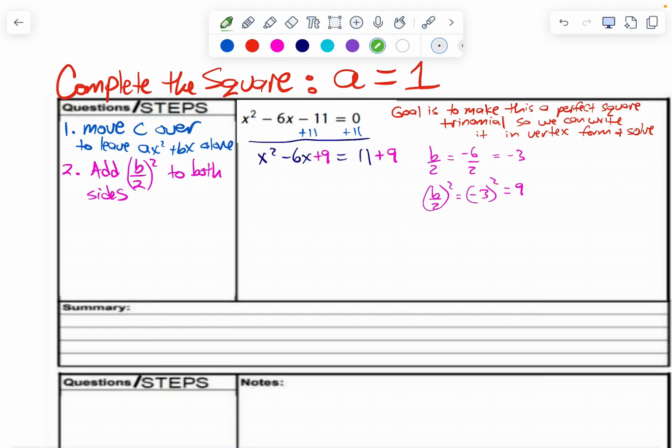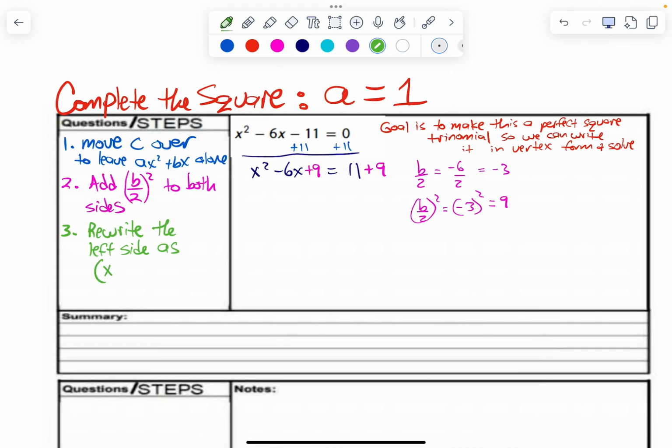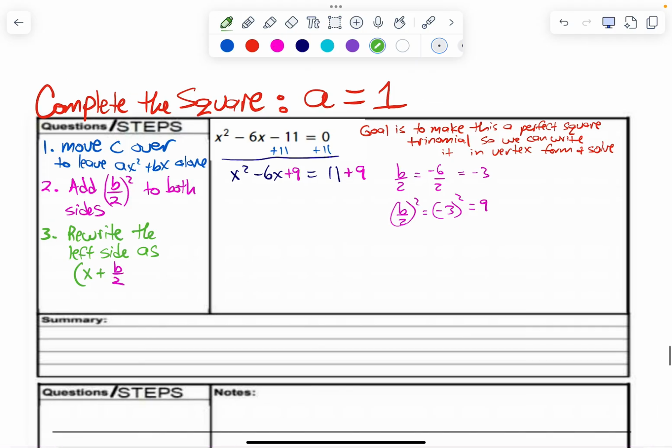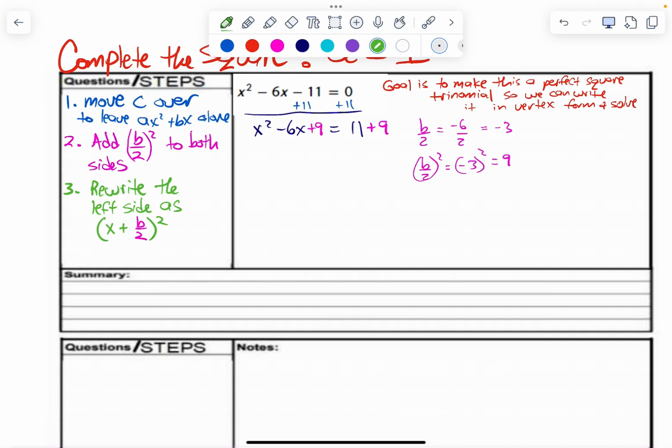Okay, step 3. Rewrite. I always do this on the left side. It doesn't always set up that way, but I make it. So you can do that too. Rewrite the left side as x plus, and then whatever b over 2 was, the whole thing squared. Okay?